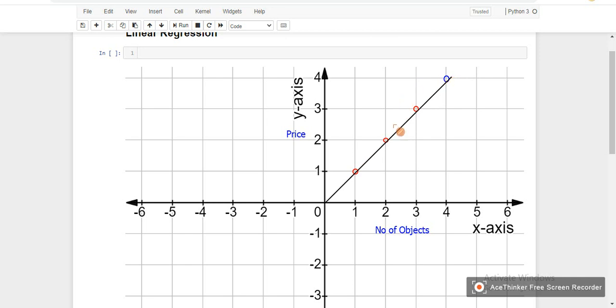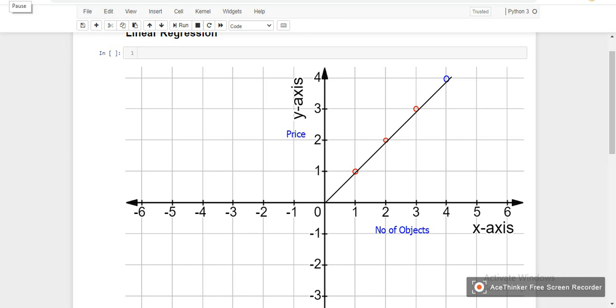So here we represented the relationship between the dependent and the independent variables with a linear line. This is exactly what linear regression is. We as humans could do this just by visualizing the data, but how could machines do the same job? That is where machine learning comes in.